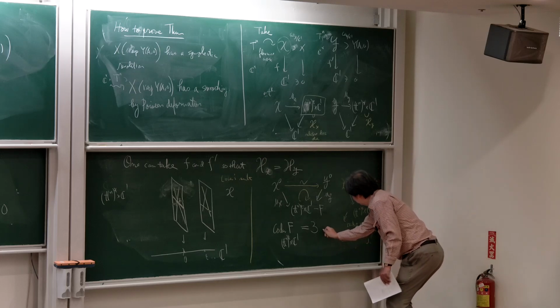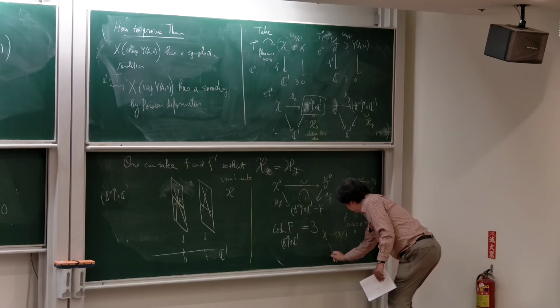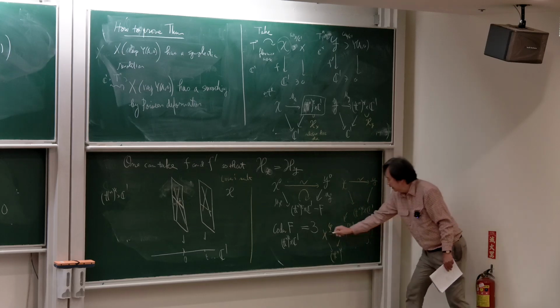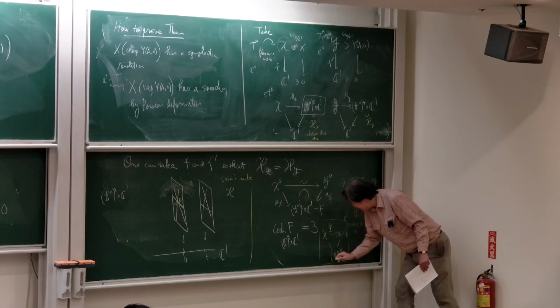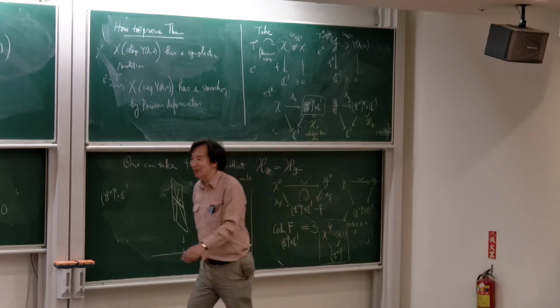Then we get the map from X to YA0 to Tn star. This is nothing but phi. So this is the outline of the proof. Thank you very much.